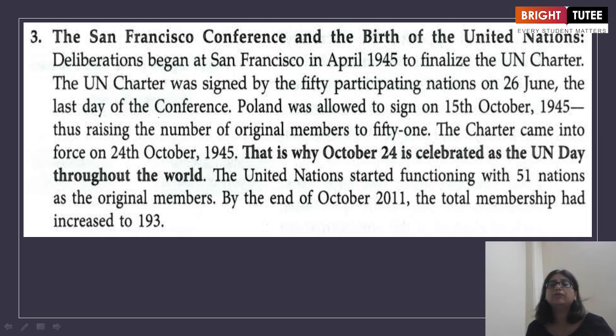The Charter came into force on 24th October 1945. So that is why October 24th is always celebrated as United Nations Day throughout the world. The United Nations started functioning with 51 nations as the original members, and by the end of October 2011, the total membership had increased to 193.